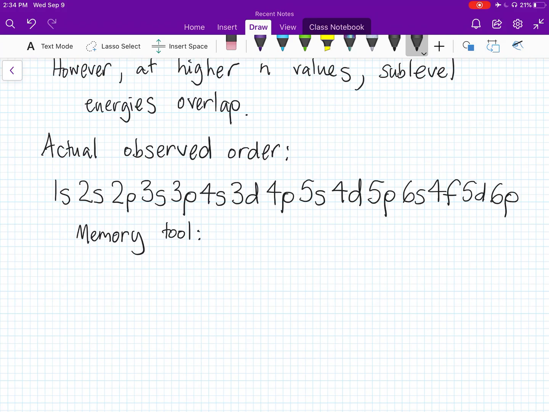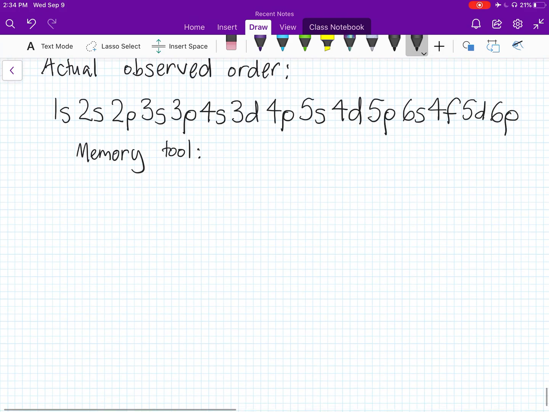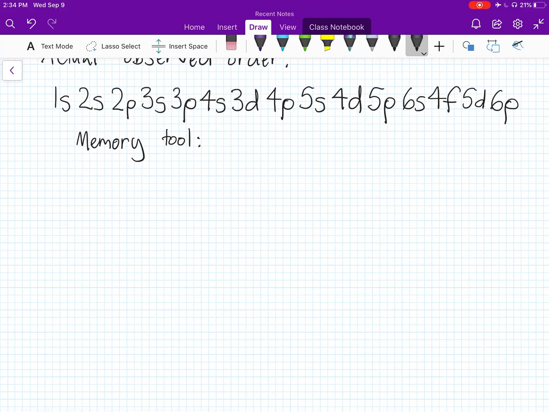But one really cool memory tool to help you remember that filling order is to write down the orbitals in each principal quantum level on their own rows very neatly. As we go up, each principal quantum level has a new l value, so it's going to have a new orbital designation.